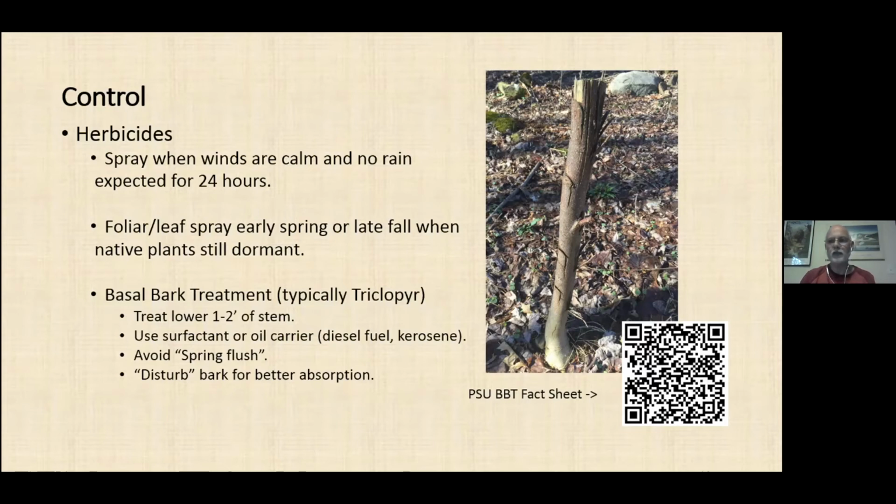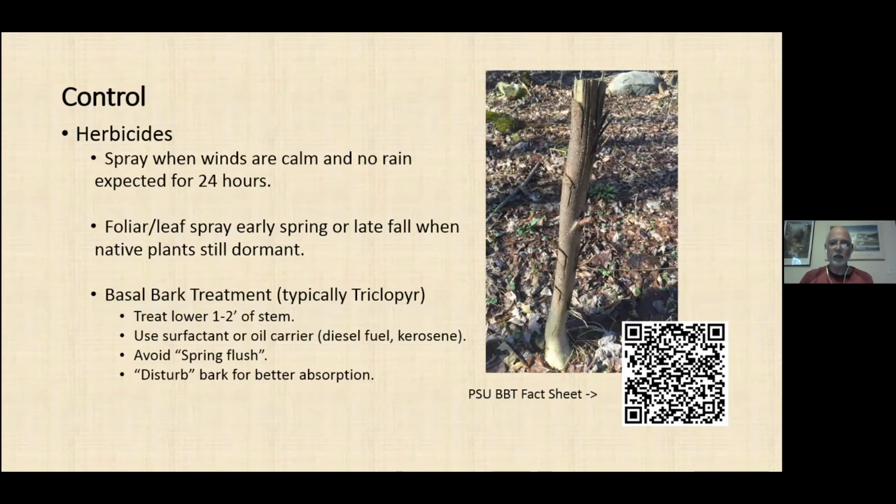The spring flush is coming up here shortly, where plants are growing rapidly and taking in a lot of water and bringing it up to the leaves. In order for this to work, you really want the chemical to go down into the root system. So the fall is a really great time, because in the fall the plants are taking stuff down into the roots, preparing for winter.